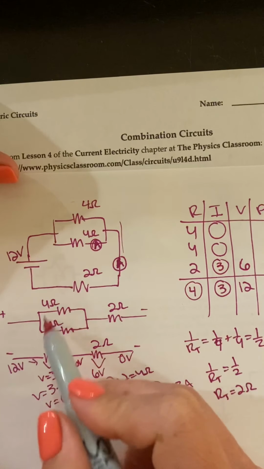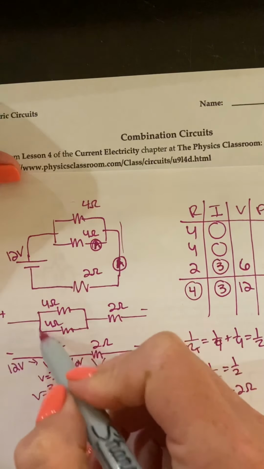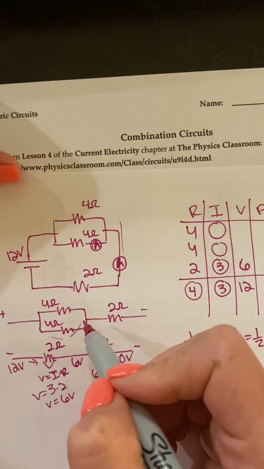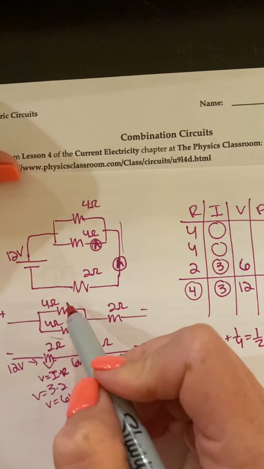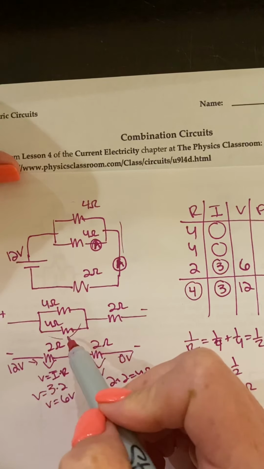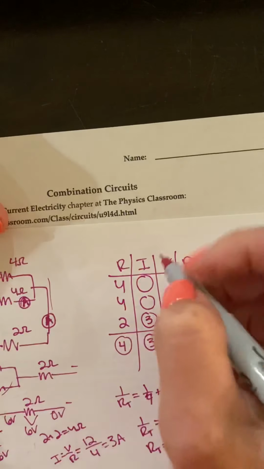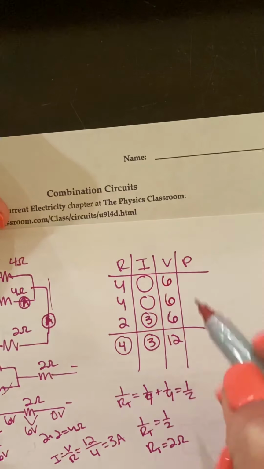Back to my section in parallel. I have a voltage drop or a potential difference of 6 volts over this section in parallel. And we know that our volts stay the same when we're in parallel. So I'm going to have 6 volts going down this branch and 6 volts going down this branch while we are in parallel. So I can put 6 volts and 6 volts.